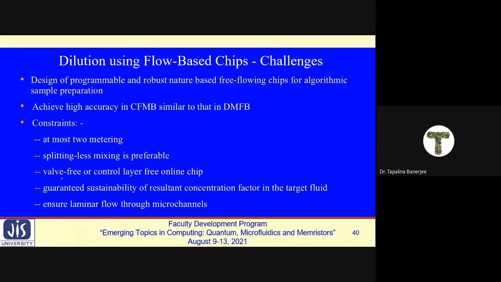If we make the design valve free or control layer free, then it will obviously help a lot in designing the chip. Sustainability of the resultant concentration factor in the target fluid has to be guaranteed. And at the end, laminar flow through microchannels must be ensured.